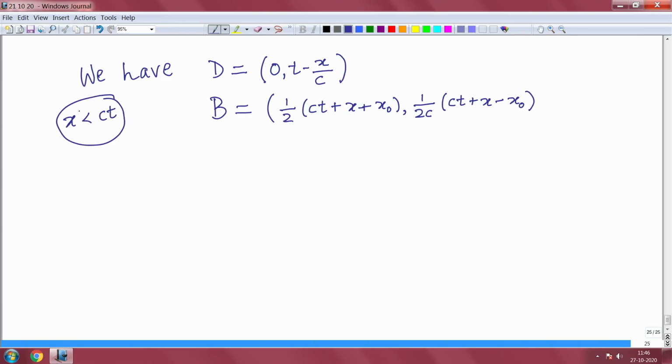We are in that region, so t minus x by c is positive.